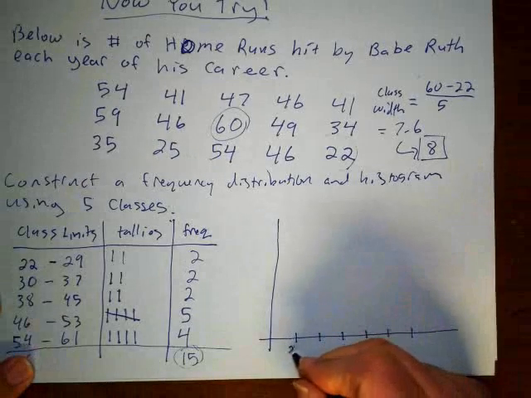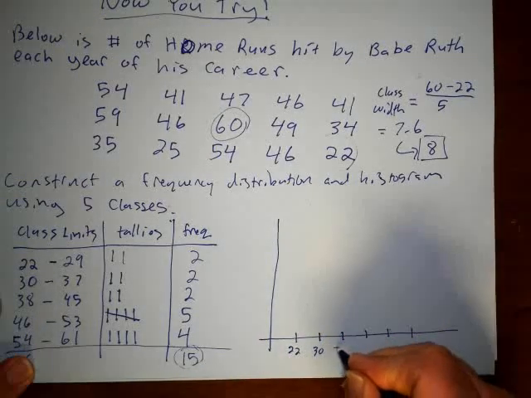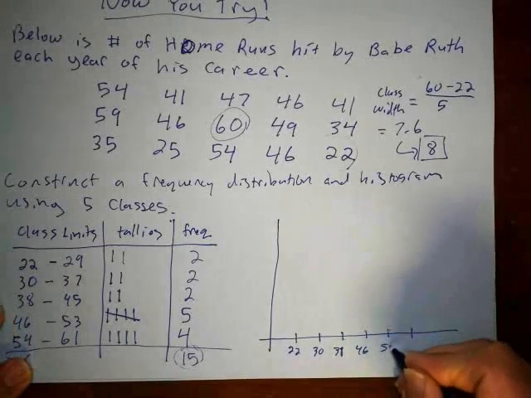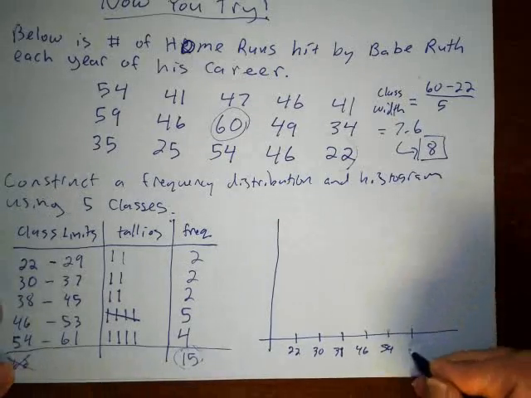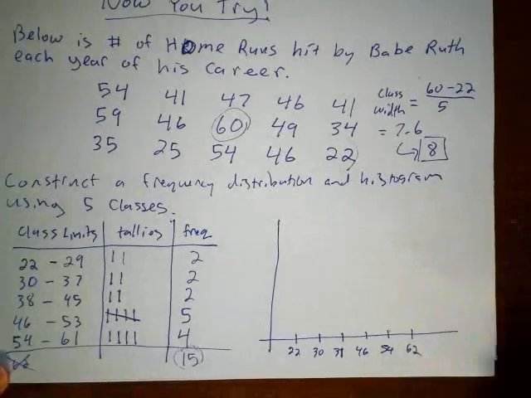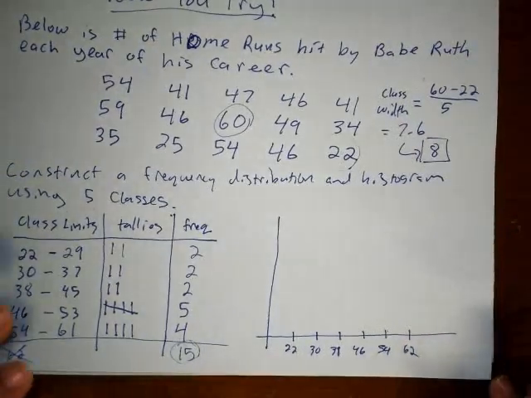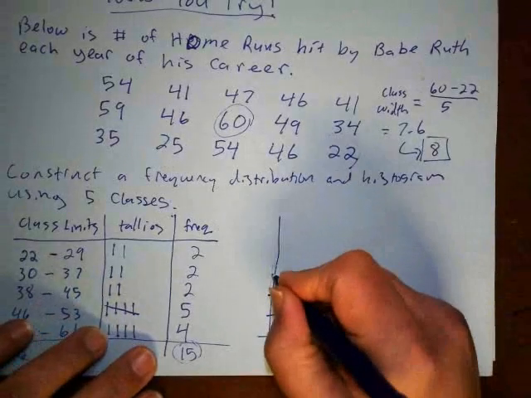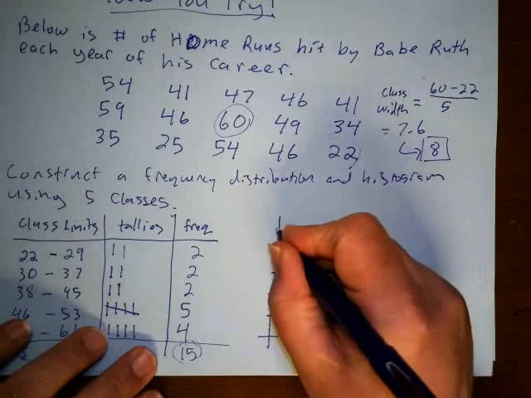So this would be 22, 30, 38, 46, 54, and this would be that 62, the next lower limit. Okay, and so now these go up to 5, so I'll definitely go up by ones. 1, 2, 3, 4, 5.